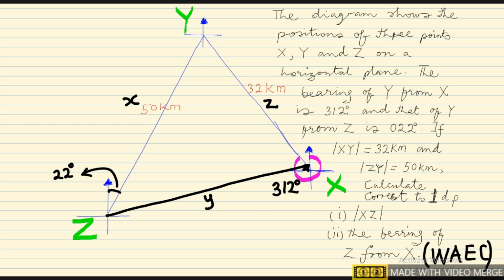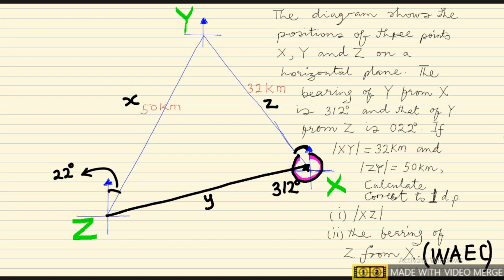Let's first consider this 312, that is the bearing of y from x, standing at x, observing y. So the angle turning around all this towards x, to the line going to x, is 312. So we need to get this small angle in this corner here.